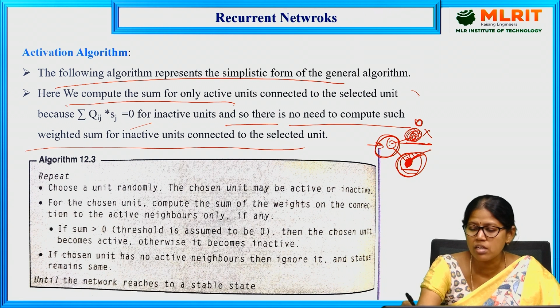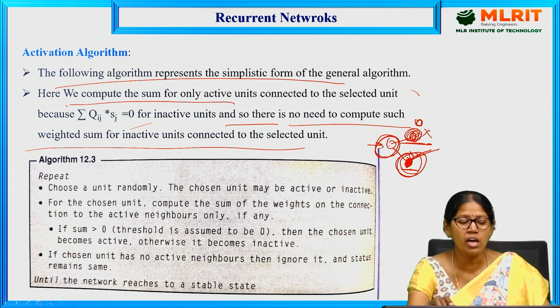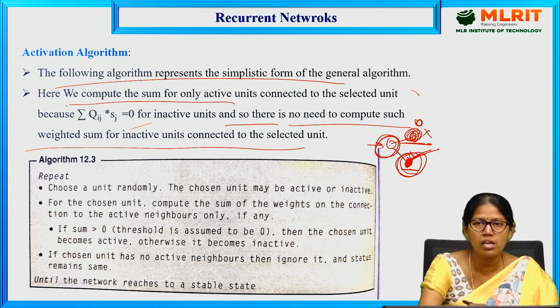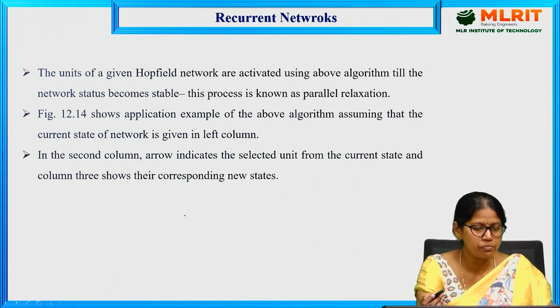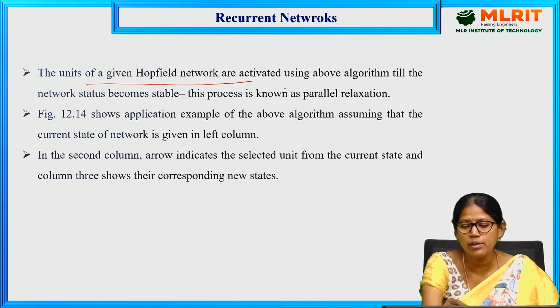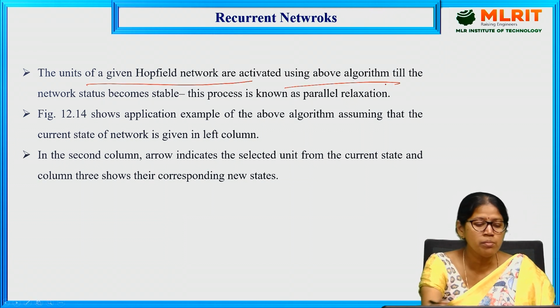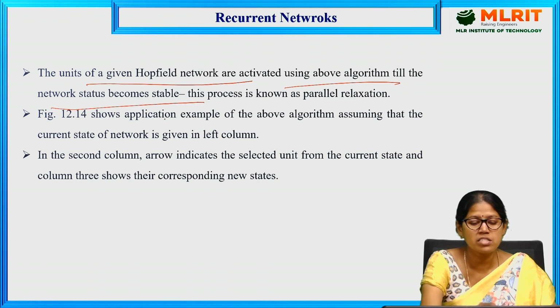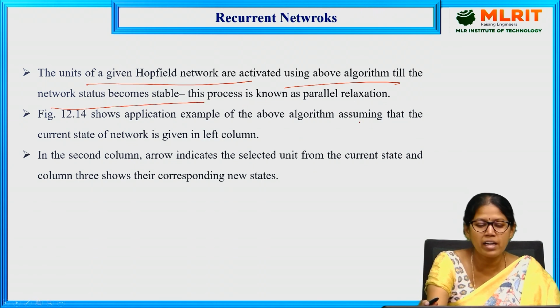So we will compute the sum only for the selected node, connected to the active nodes. That is what the algorithm says. The units of a given Hopfield network are activated using the algorithm till the network state becomes stable. This process is known as parallel relaxation.